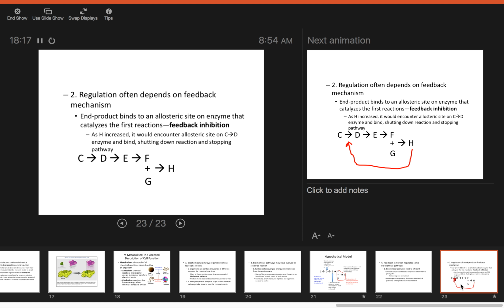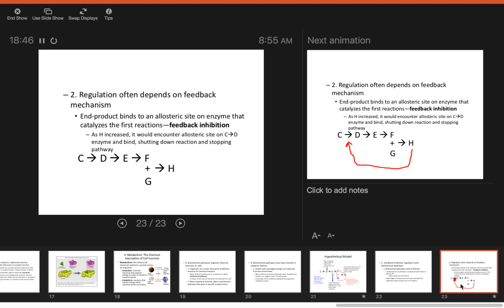In my example here, C gets modified to D, D gets modified to E to F, and then if I combine it with a G, I get H. This is just a simple example. As H increases, it might encounter an allosteric site on the C to D process, bind to the enzyme responsible for turning C into D, and shut it off. So that's one way that things can be regulated.